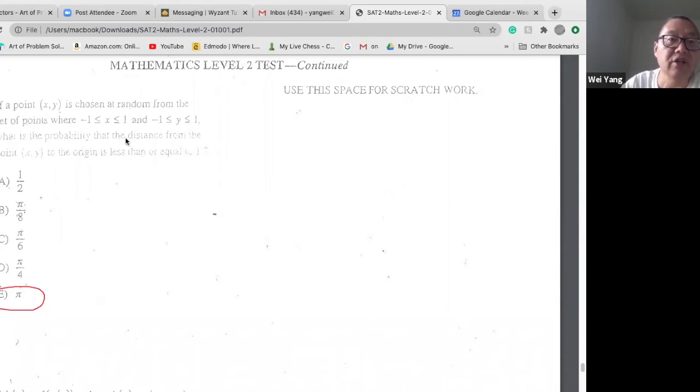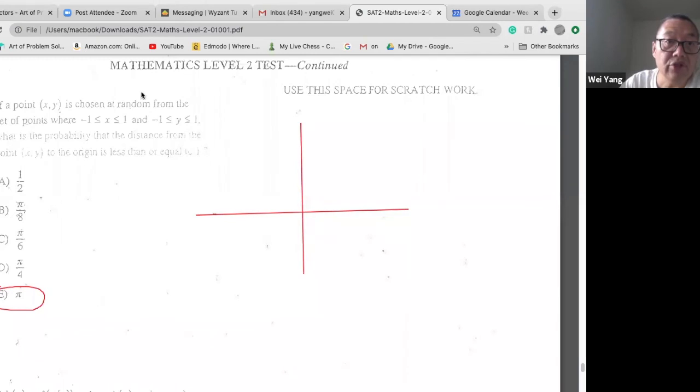Okay, this is called a geometric probability problem. First, let's draw this diagram.